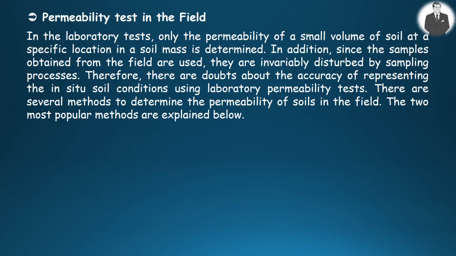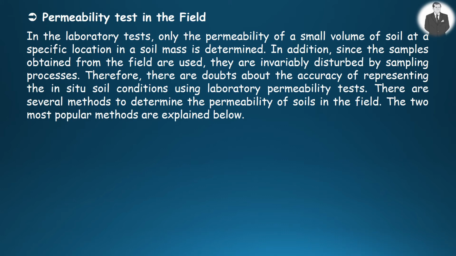In the laboratory tests, only the permeability of a small volume of soil obtained from a specific location is determined. Moreover, since the samples taken from the field are used, they are unavoidably disturbed by the sampling process.